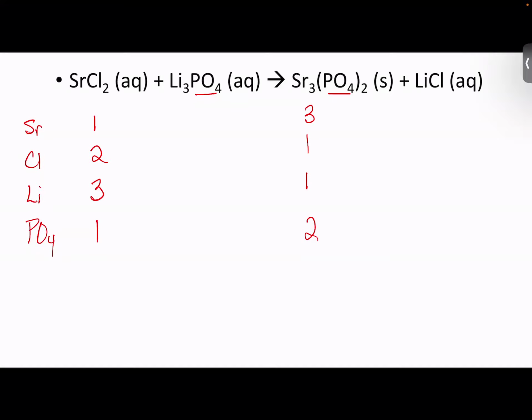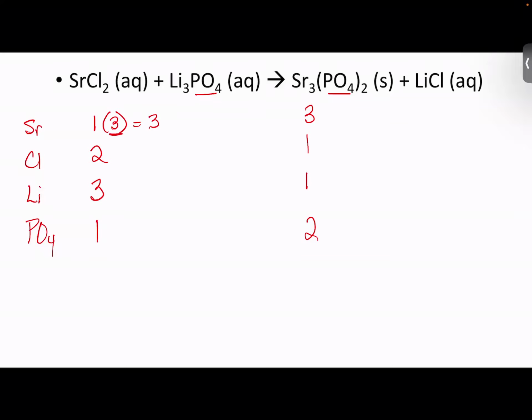Therefore, I'm going to start balancing. And in this particular case, it doesn't really matter which one I start with because they're all about the same complexity. So I'm going to start with this strontium and balance that strontium. In order to balance it, I'm going to multiply the left-hand side, the reactants, by 3.